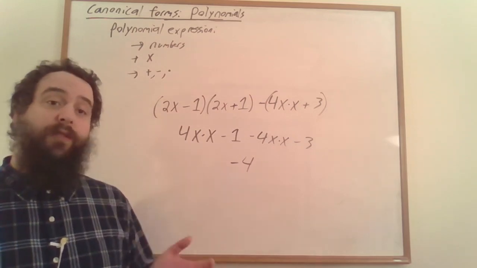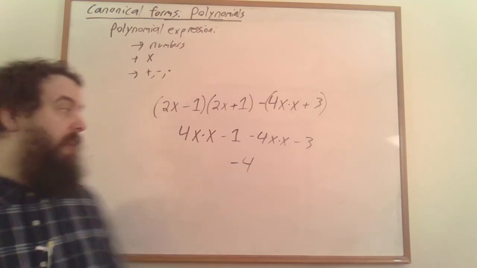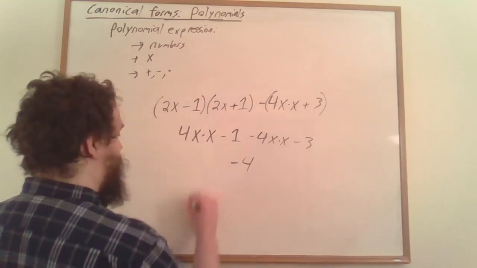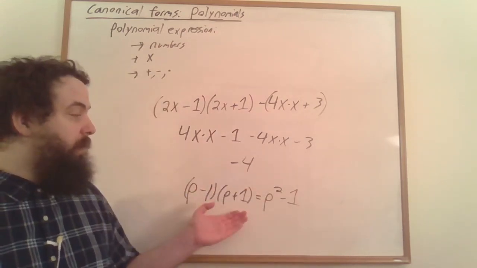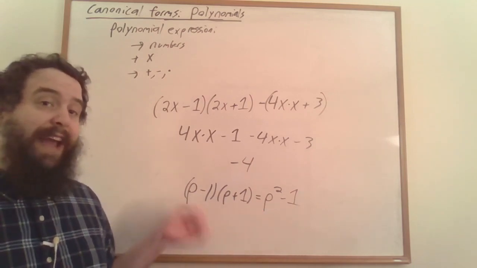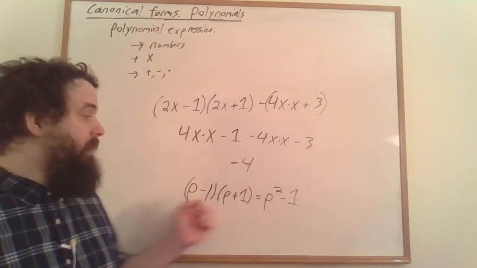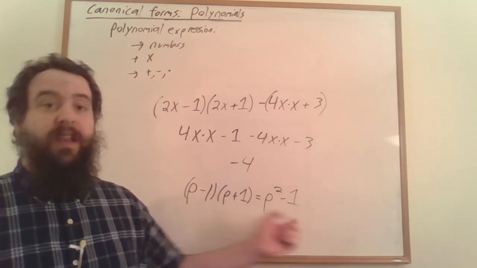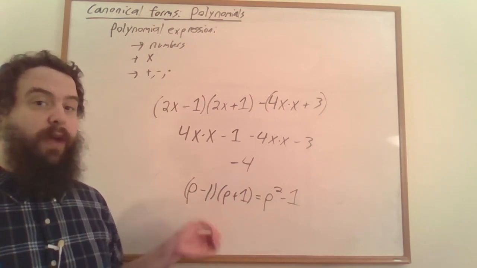At the core of this program are two fundamental facts about algebra. The first is that if we have some sort of equation like p minus 1 times p plus 1 is equal to p squared minus 1, that's true for any value of p. This isn't just a simple algebraic equality between two expressions. This is actually a template for rewriting algebraic expressions.